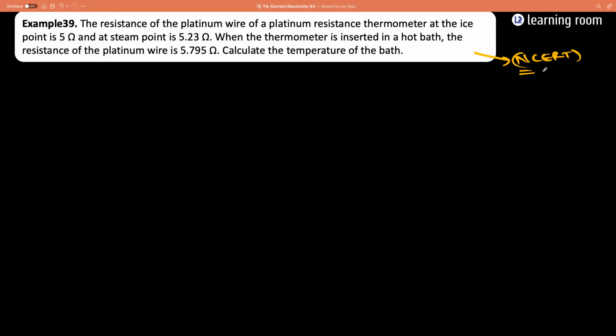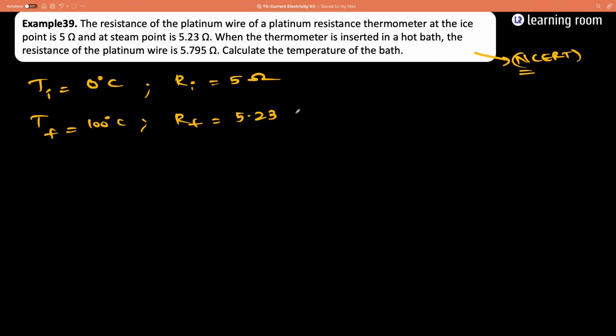The resistance of a platinum wire, or platinum resistance thermometer, at ice point, 0 degrees Celsius, initial resistance is 5 ohm. And at steam point, 100 degrees Celsius, R final is 5.23.